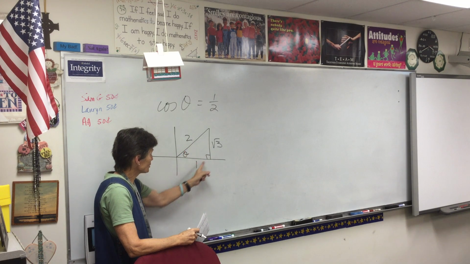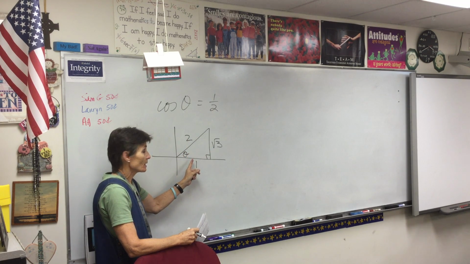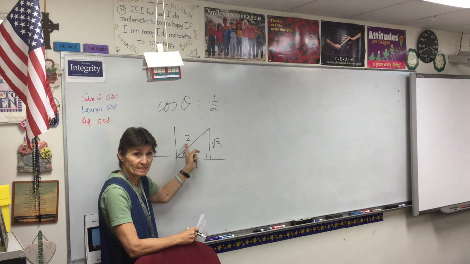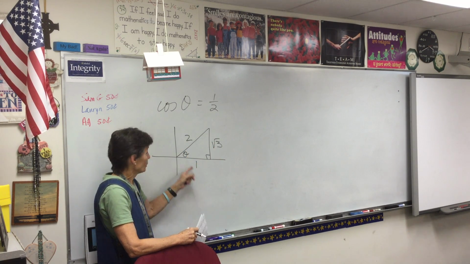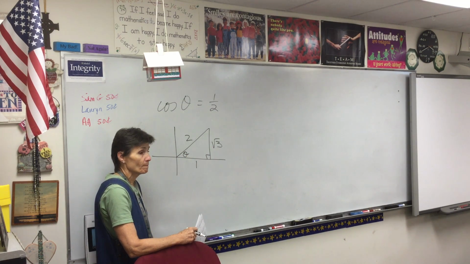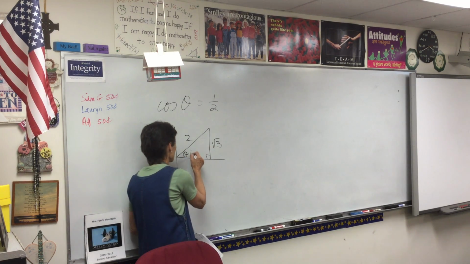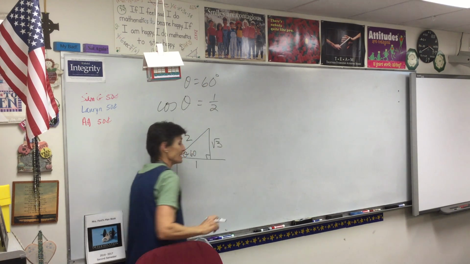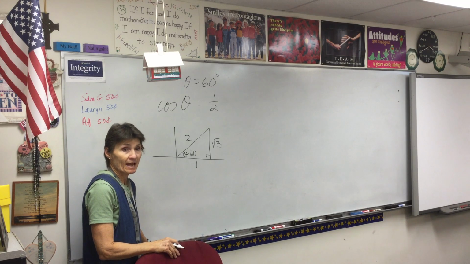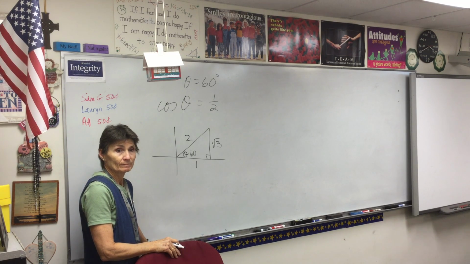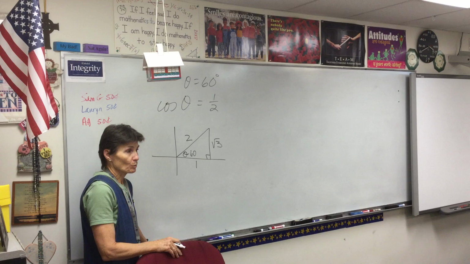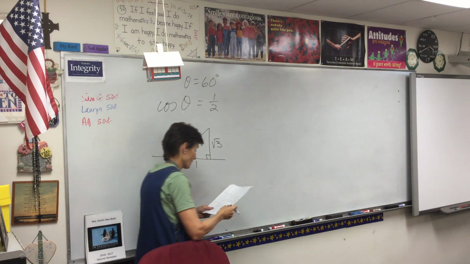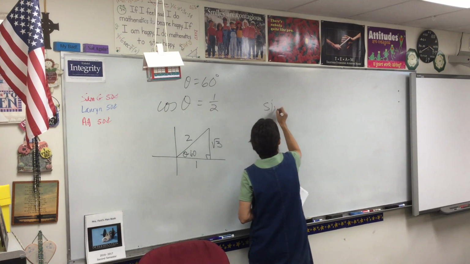Look at this configuration of the sides there. Clearly it's a 30, 60, 90 triangle because those are the 30, 60, 90 numbers. What goes across from the root 3? 60. So theta is 60 degrees. It's that easy. That's the angle. That's the answer. So we're just doing our triangle backwards. This one is harder.